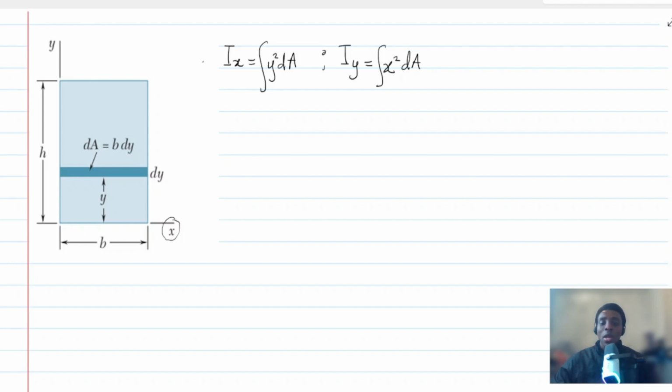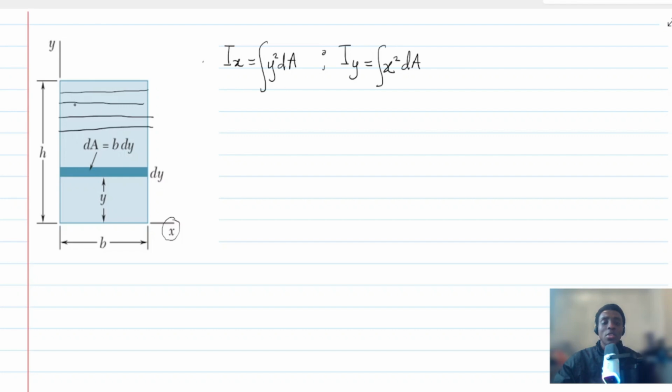Now let's apply this formula to the question given here. We have a rectangular cross section. We are going to assume that our rectangle consists of small elemental strips.